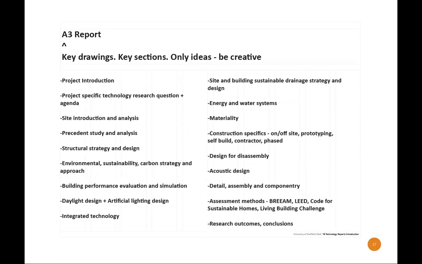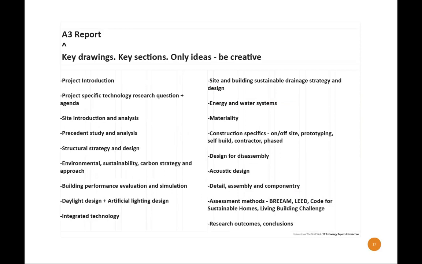Materiality, again, I would expect most of you to be interested in that. Water systems, maybe not. Some projects, that's just not a key part. You can't do everything. Design for disassembly may not always be relevant. Some of the assessment methods, BREEAM, Code for Sustainable Homes, depend on your project.